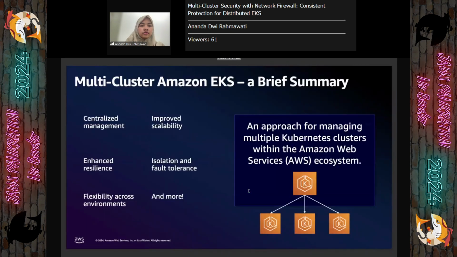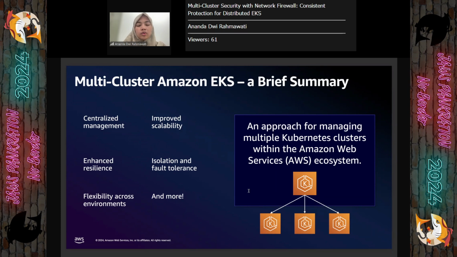So, what is a multi-cluster Amazon EKS? First, centralized management. We may have multiple businesses that we need to put in separate node groups or clusters, but we want to manage them centrally.